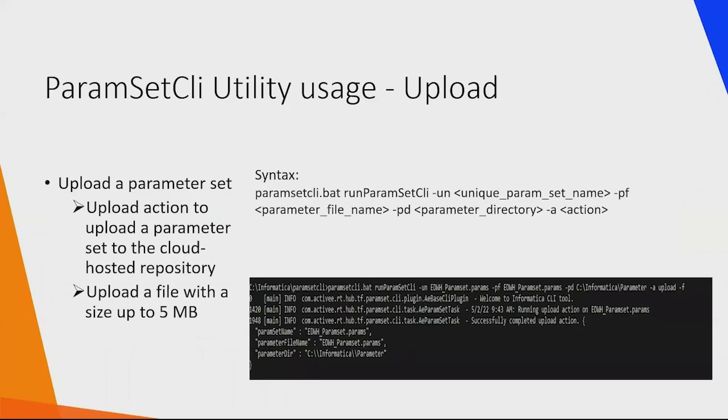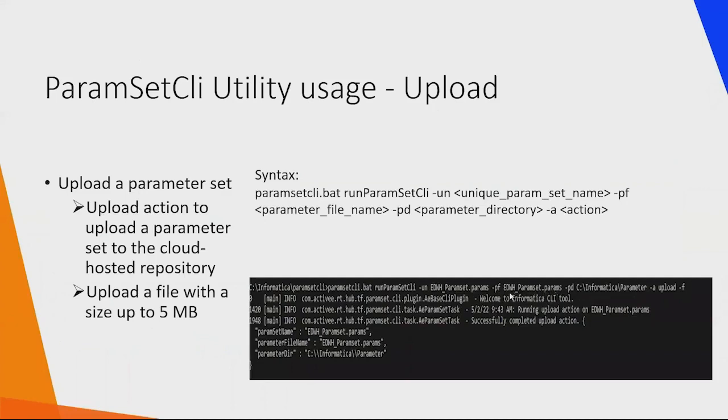One thing that I want to mention here is that for this parameter set, when we try to upload, first it has to be defined in a file, which will be stored locally on your system. If you see here, it is referring to the location C Informatica parameter, and the parameter file PF represents the file name.